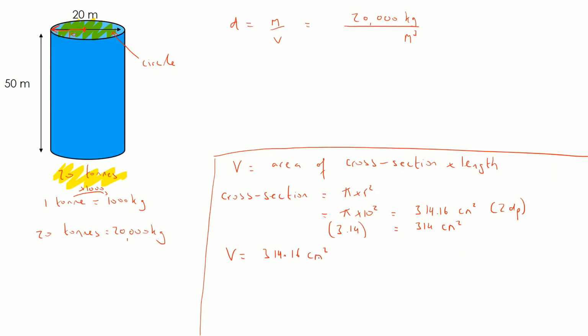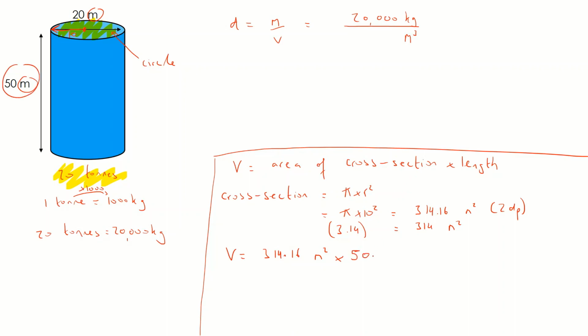So now my volume is the area of the cross section, okay? Oh, again, see, I made a little mistake here, haven't I? Before I forget, sorry, look. It's not cm squared, is it, for this one? It is meters squared. See, because my question values are all in meters. Sorry, so that's meters squared there. So the volume is 314.16 meters squared times the height or the length. See, this is the length of the prism here.